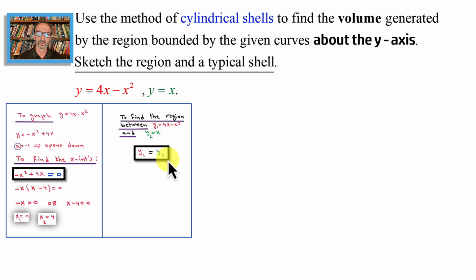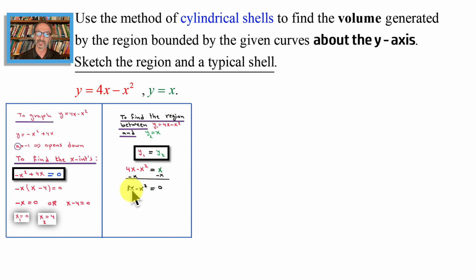So we set them equal to each other, y1 and y2. That says 4x minus x to the second equals x. Then we could subtract x from both sides to have everything on the left and 0 on the right. 4x minus x is 3x, so I have 3x minus x to the second equals 0.